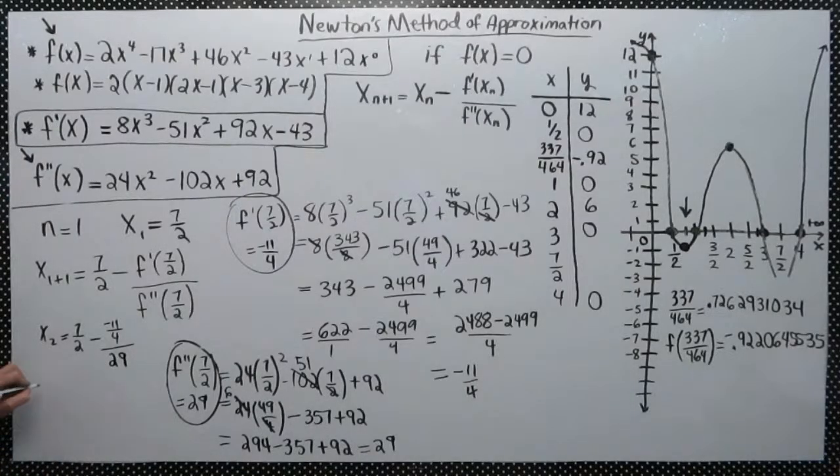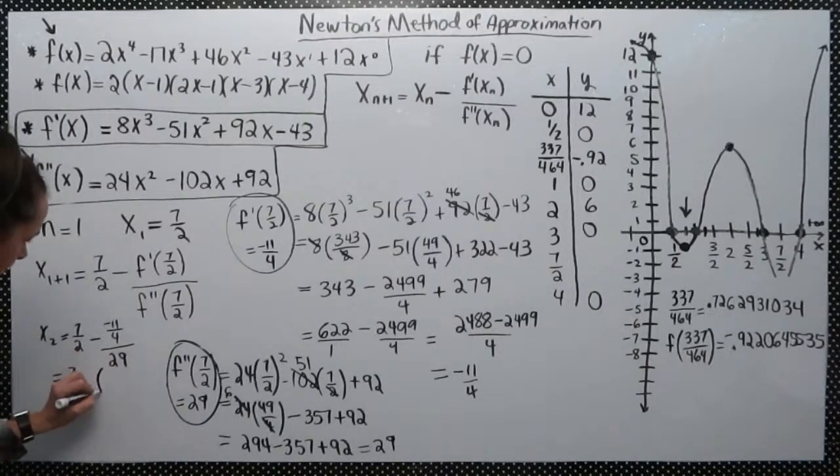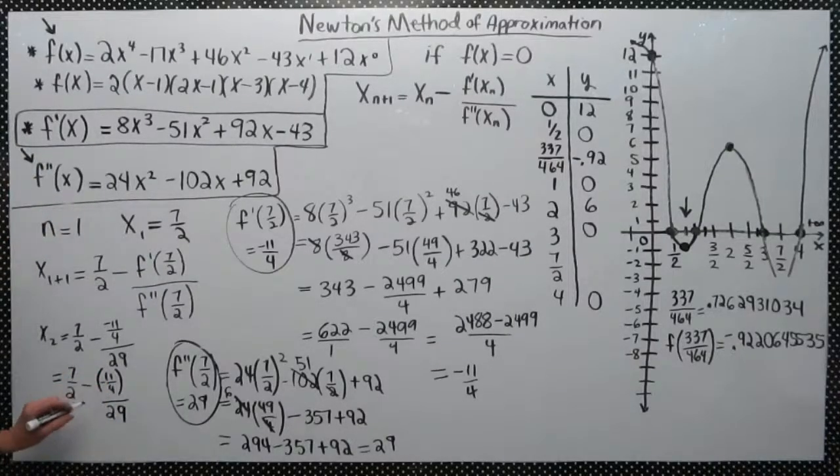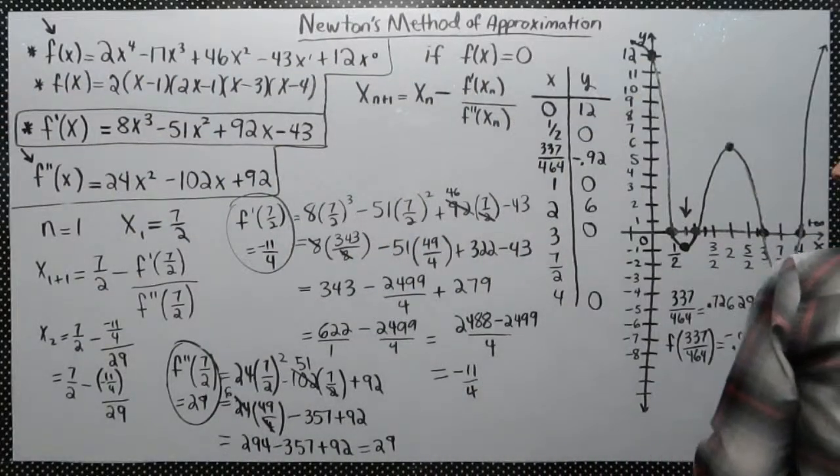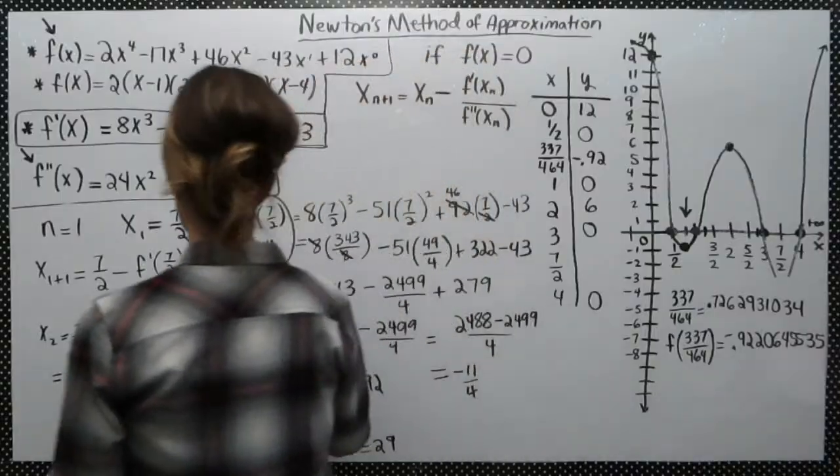So this is 7 halves minus negative 11 fourths divided by 29. Minus a minus, so that's going to be a positive. And what I will do is let me erase this stuff.